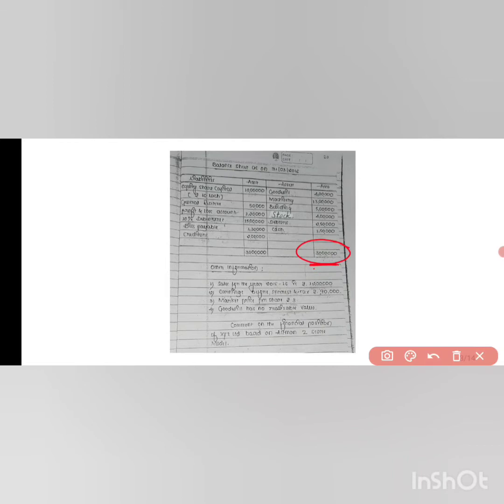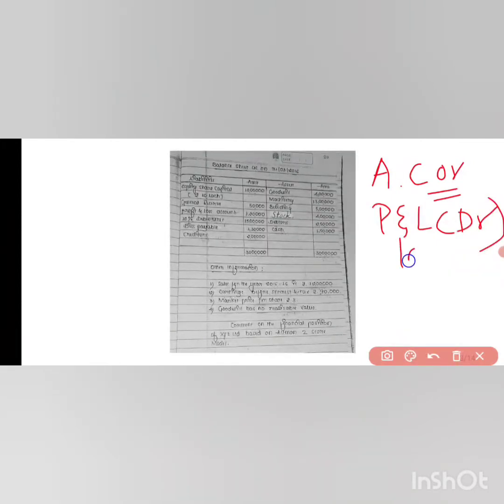But sometimes they give us the accumulated losses, or profit and loss debit balance, which means loss, right? If they give accumulated losses or profit and loss debit balance, then from this total asset we have to deduct these values. Okay, then we will get the total assets.